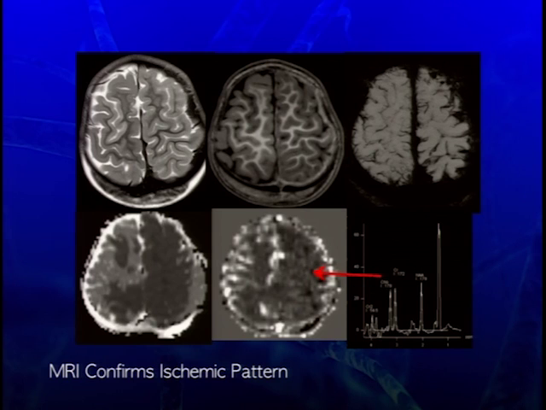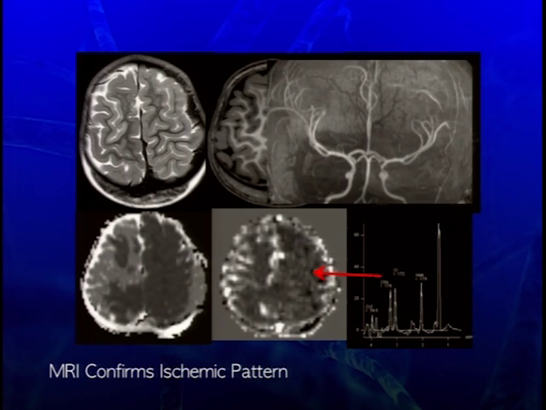Low diffusion, lack of blood flow, and again, massive lactate with dropping metabolites as this brain is acutely going through ischemic necrosis. MRA confirmed no vascular etiology and actually decreased vascular supply on this side because of the dying brain tissue, that there's less demand, so the vessels are decreasing in size.